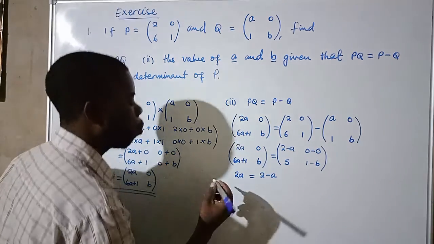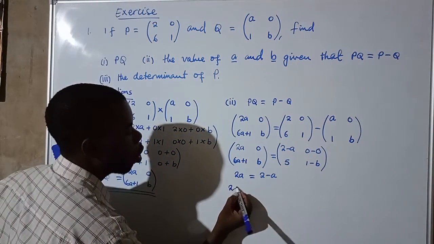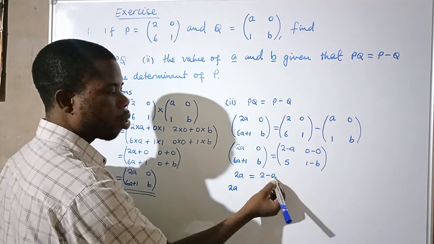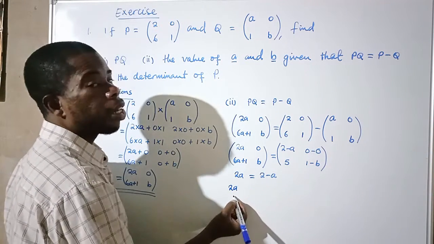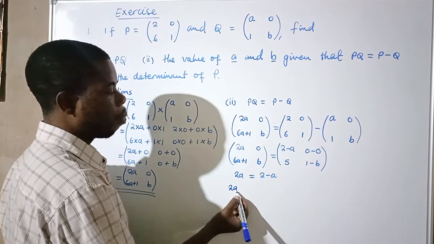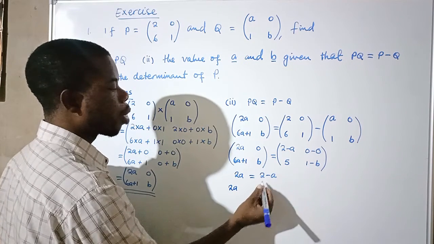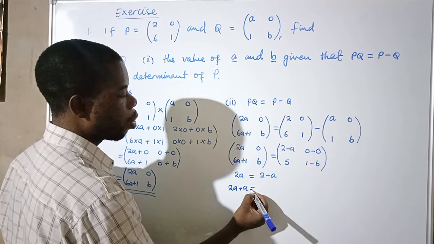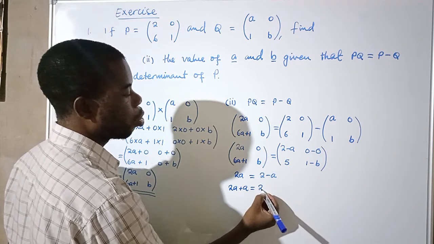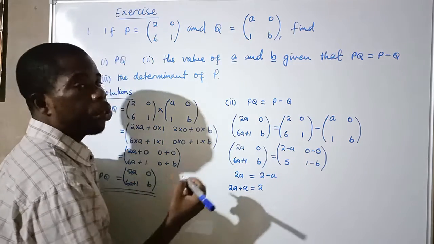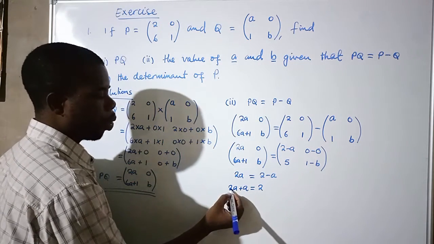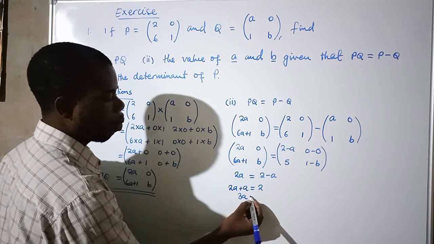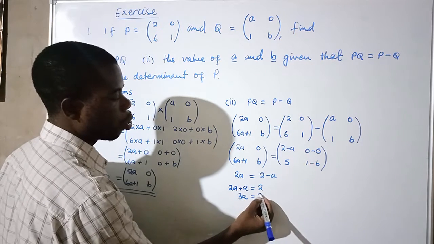So to do that, we can say, okay, this 2A, this one will be collected together with the minus. It will cross to find the other variable 2A. So once this crosses, it becomes positive A. Then you say equals, this side you remain with 2. Then what you are going to do, you say 2A plus A, you get 3A, which is going to be equal to 2.